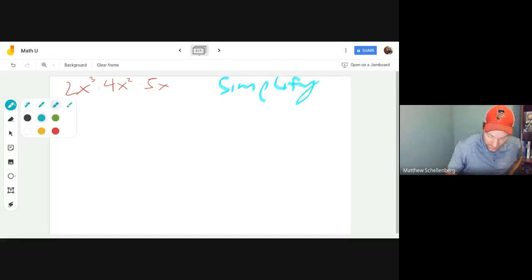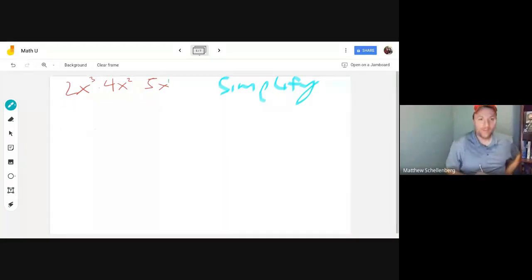What do you get? Well, remember that there's a hidden 1. If you just have x, that means it's actually x to the 1. And so what you can do is take all of the coefficients and group them together, because in multiplication you can rearrange them any way you want.